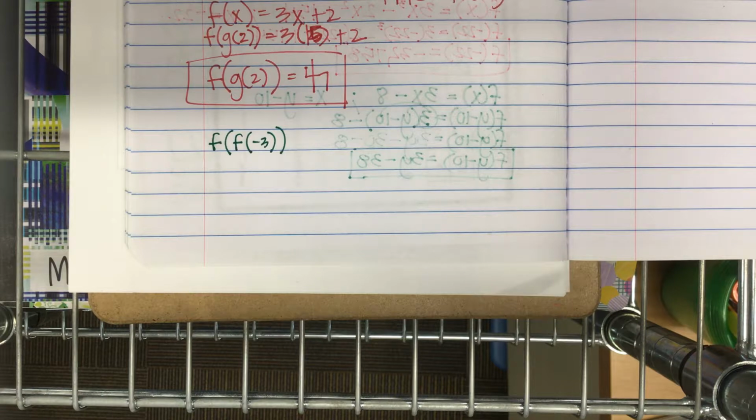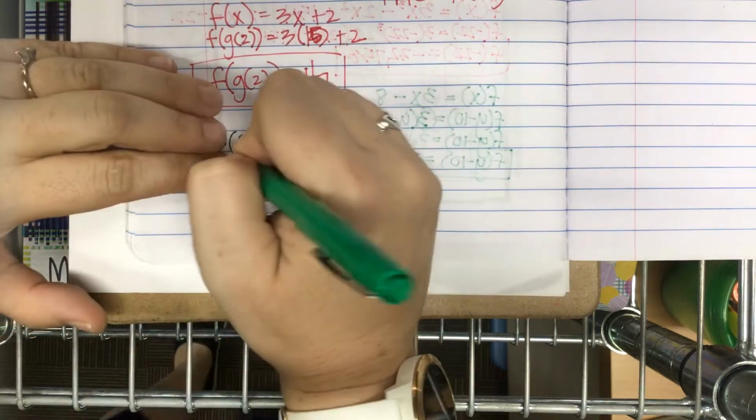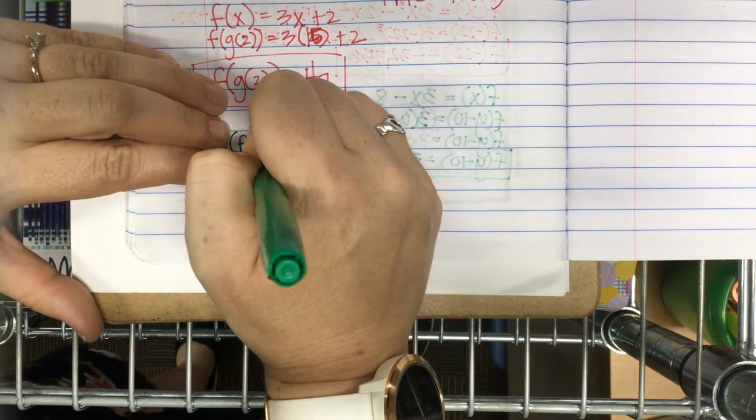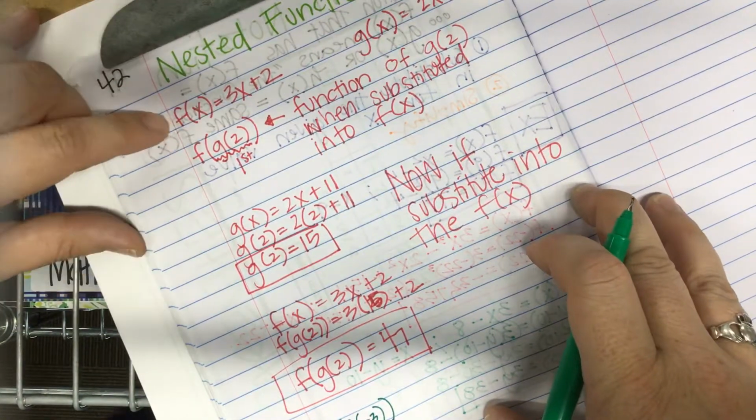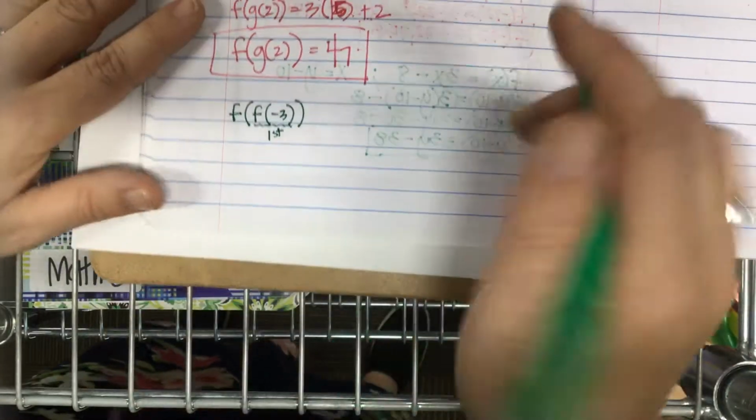F of f of negative 3. Do your inside-most parentheses. What's my inside-most parentheses? F of negative 3. That's my first. Right? So up here, instead of x, I'm going to put negative 3.